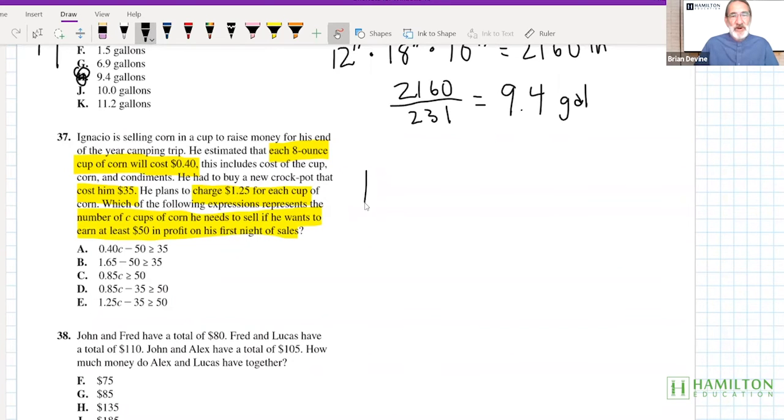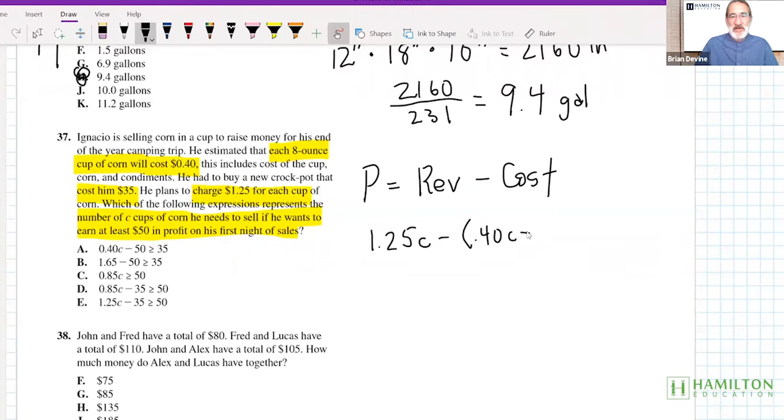So remember that profit would equal revenue minus cost. And so what he wants is his revenue, which would be $1.25 per cup, minus his cost, which would be 40 cents a cup, plus $35, to exceed $50.